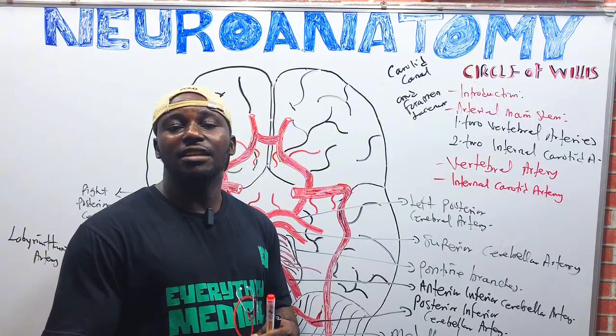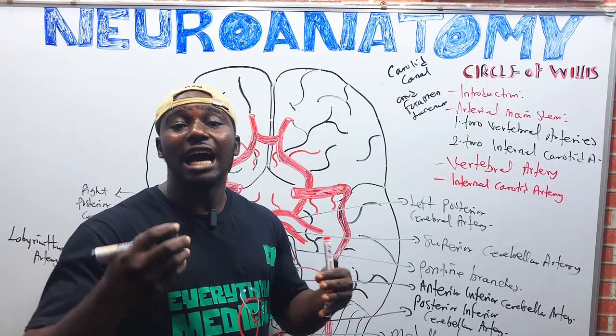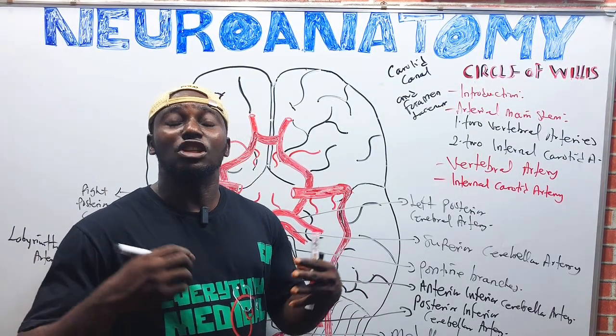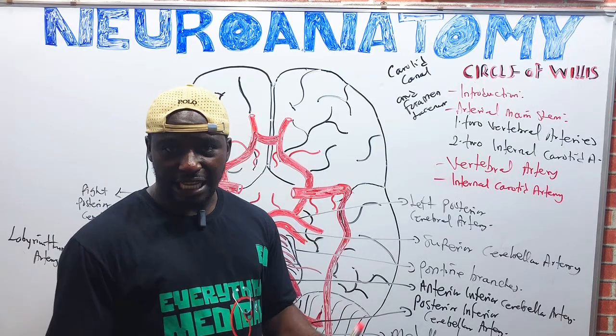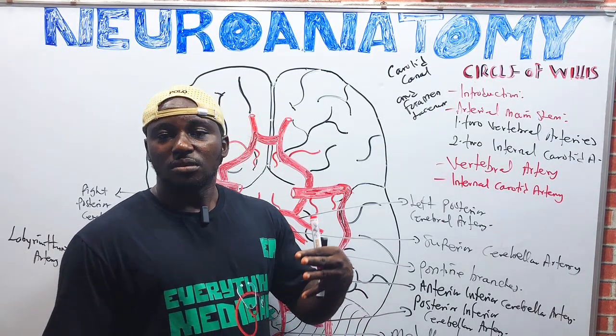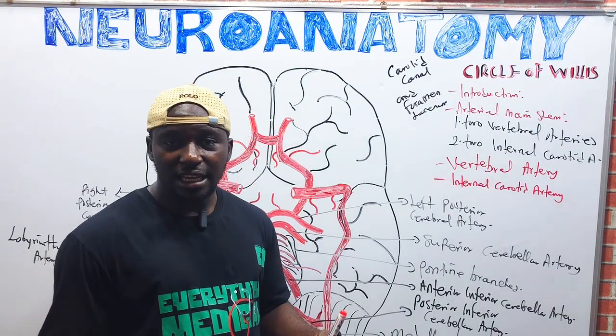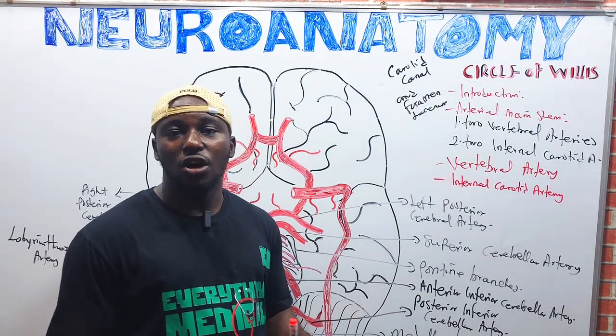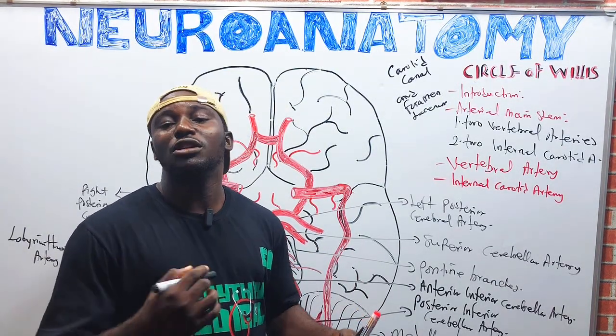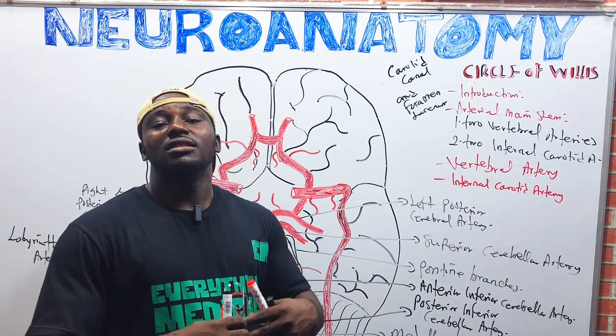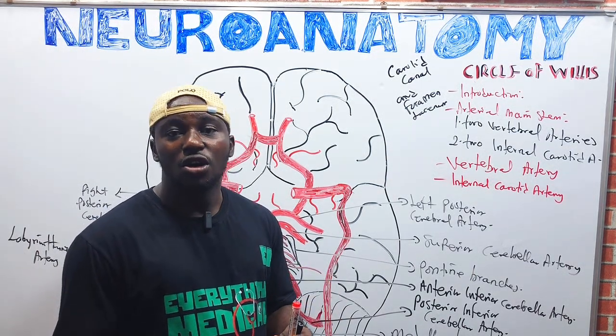Where it then, which is now anterior to the perforating substances, divides into 2 branches: the larger middle cerebral artery and the smaller anterior cerebral artery.